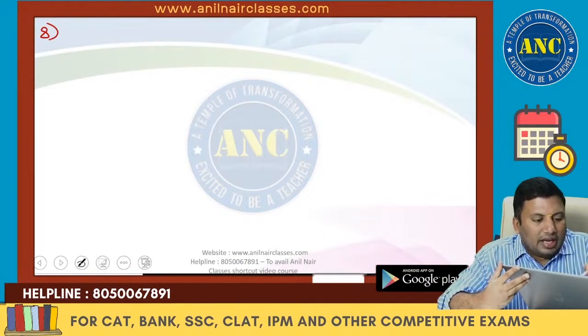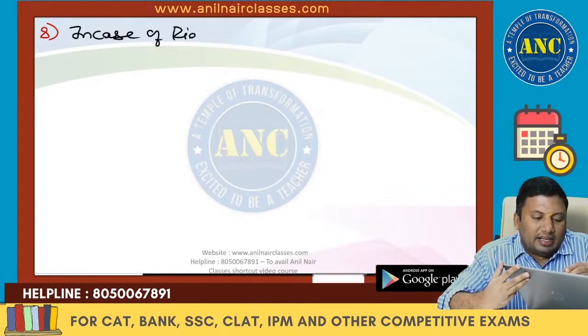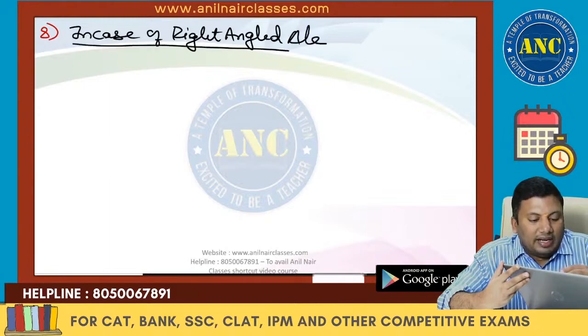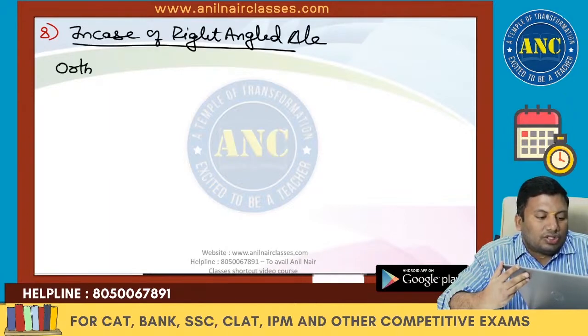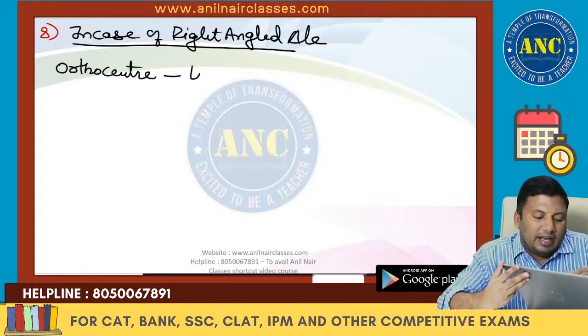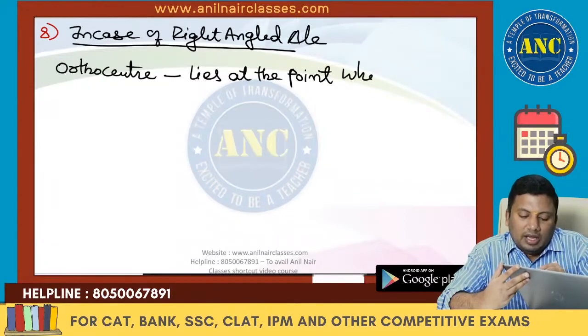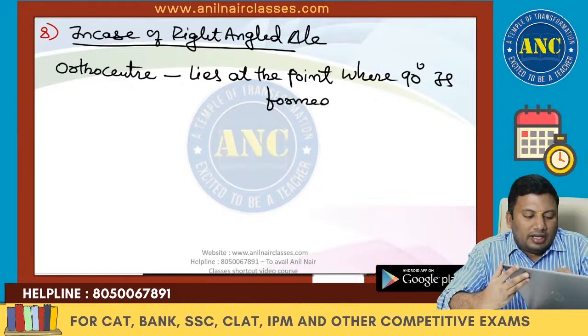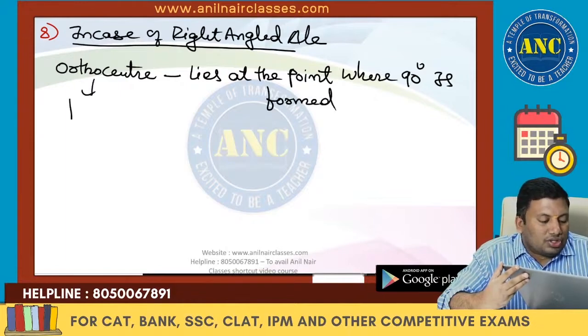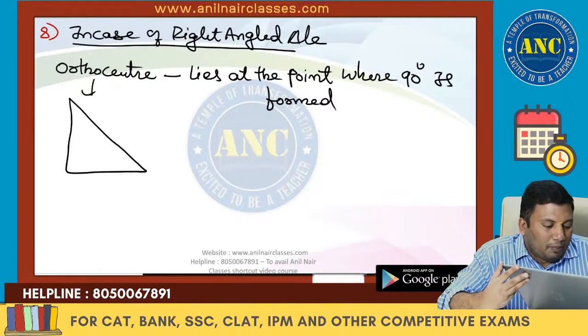Eighth one. In the case of a right angled triangle, the orthocenter lies exactly at the point where the 90 degrees is formed. What is the orthocenter? The orthocenter is the point of intersection of altitudes.